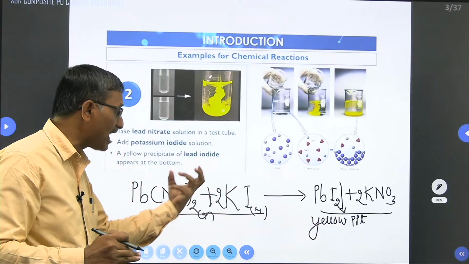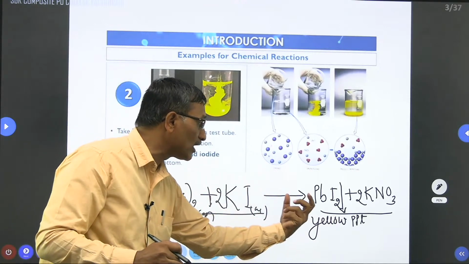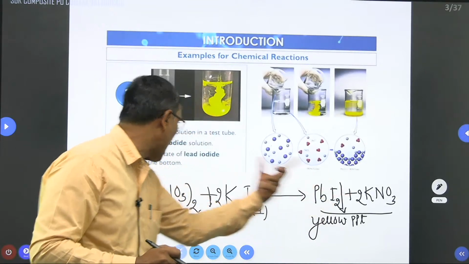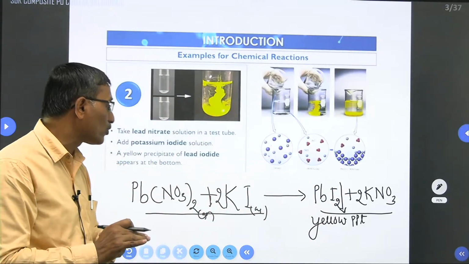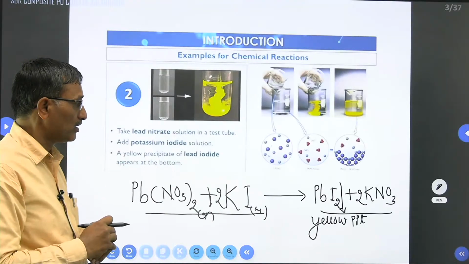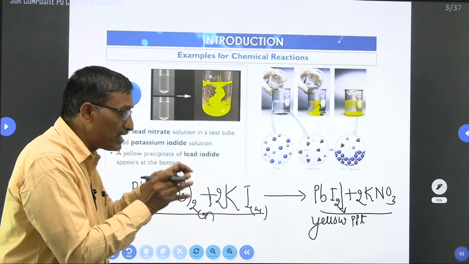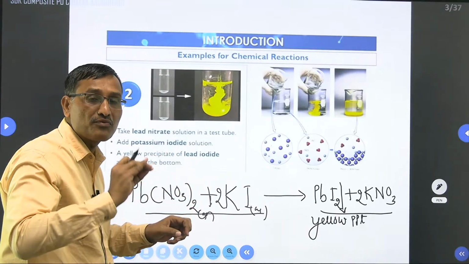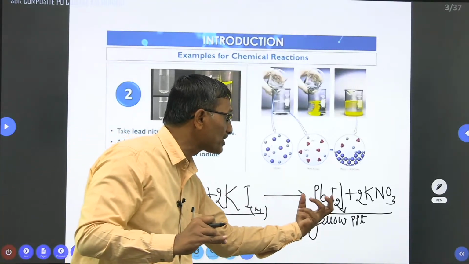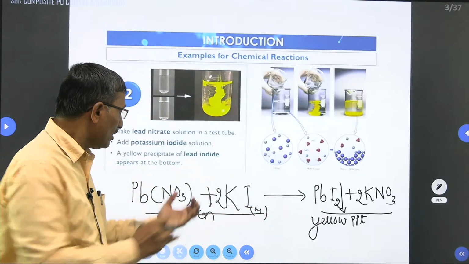Both these two react, combine with each other, and there is a formation of a yellow precipitate known as lead iodide, along with potassium nitrate, student. That one you have to remember. So here we are recognizing the chemical reaction. There is a change in their color. So colorless to yellow precipitate. Hence, this is also a chemical reaction.